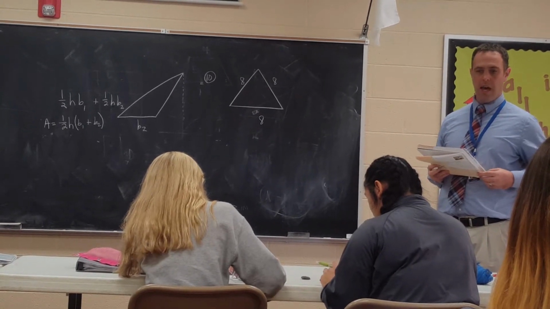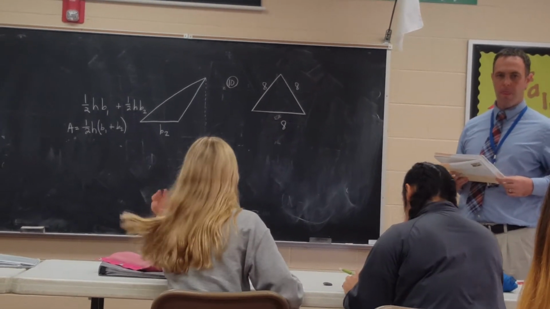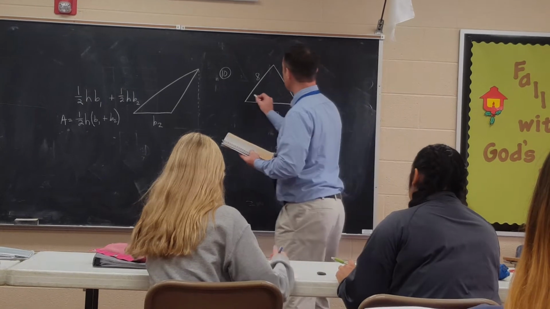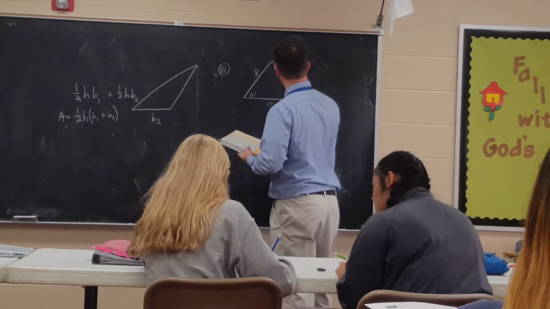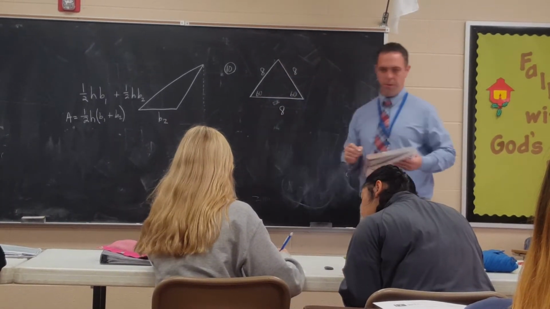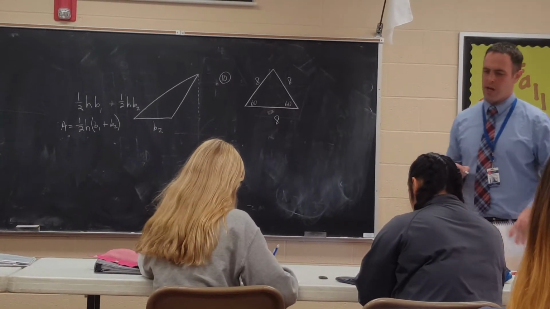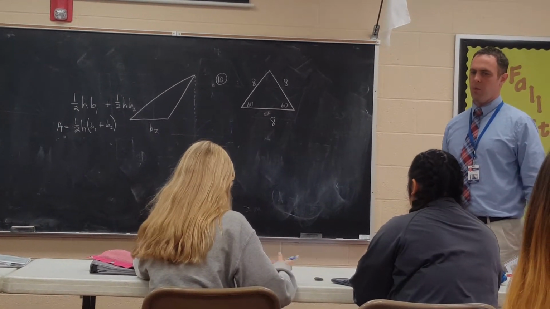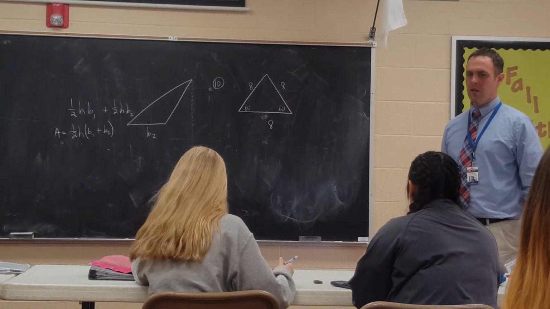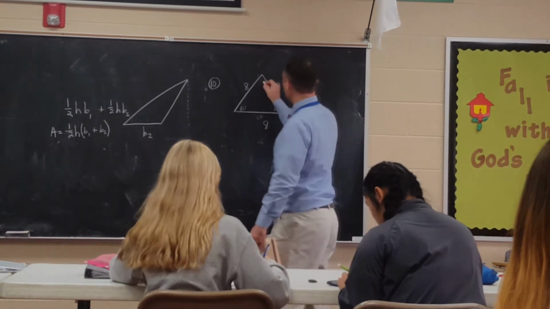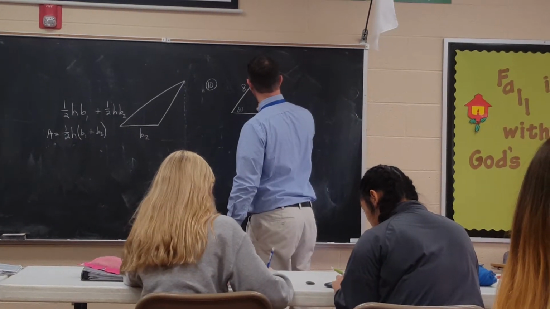Equilateral, so what are all the angles? All of them are 60. What's the key missing part in that? On number 10, what's the thing we're missing to find the area? The height, right? So if we don't have the height, we'll go ahead and draw that in.